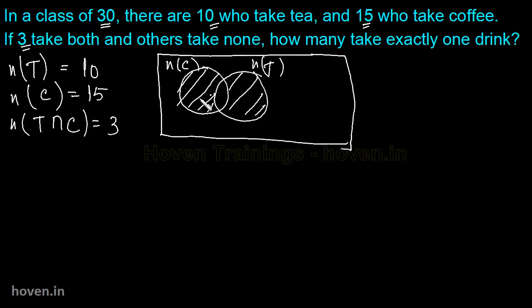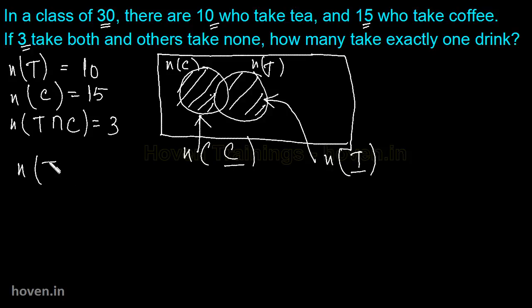Here now, what is this hatch? This hatch is NC underscore. See my earlier lectures for this. And this is NT underscore. So we have to find NC underscore plus NT underscore. Let us now put them into one mathematical equation.